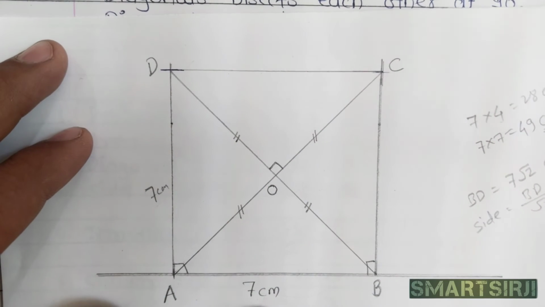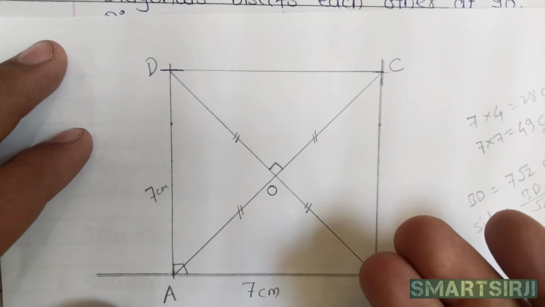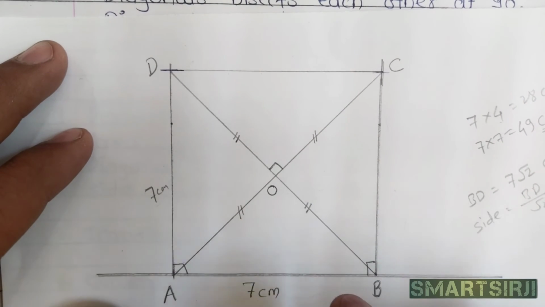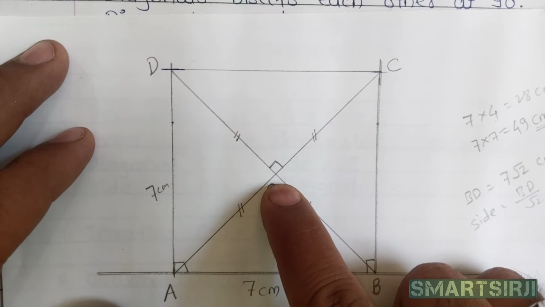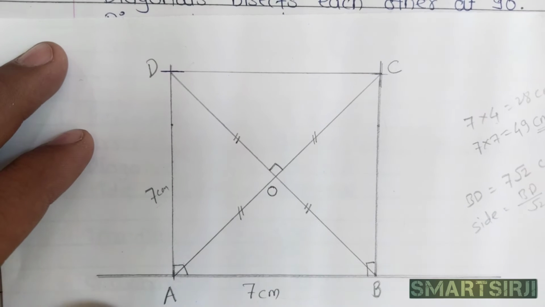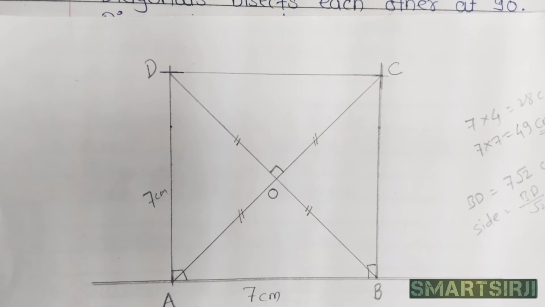If there is a side of 7 centimeter, then we find the radius, that is side by 2, meaning half of the side, that is 3.5. So this point is at 3.5 by default, because a square is a perfect example of a basic, easy and perfect shape.